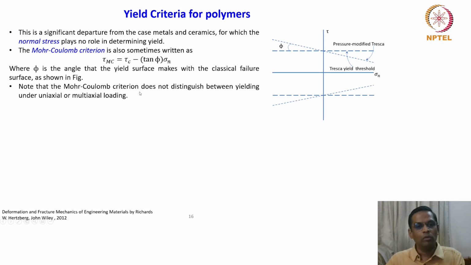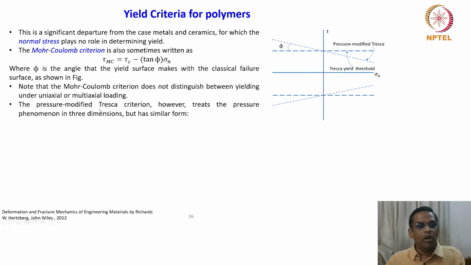Note that the Mohr-Coulomb criterion does not distinguish between yielding under uniaxial or multi-axial loading. This is one limitation. The pressure modified Tresca criterion, however, treats the pressure phenomenon in 3 dimensions, but it has a similar form.